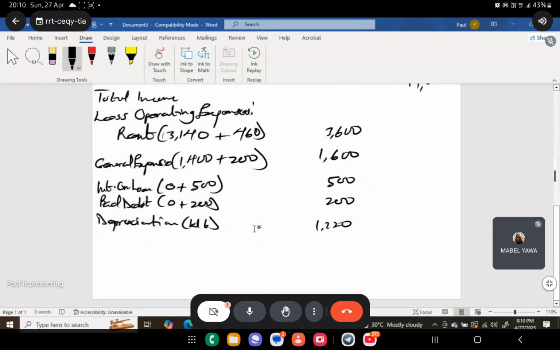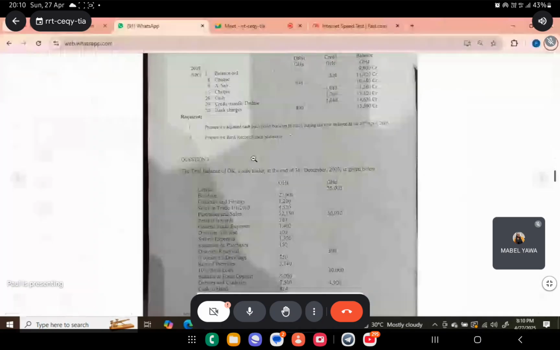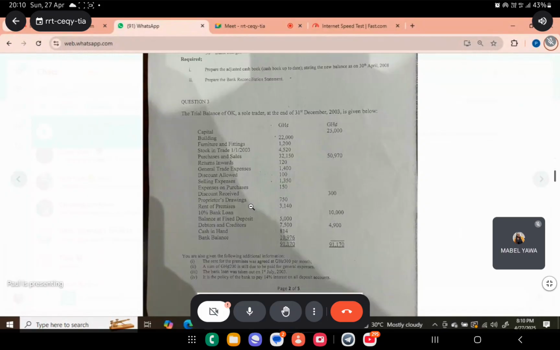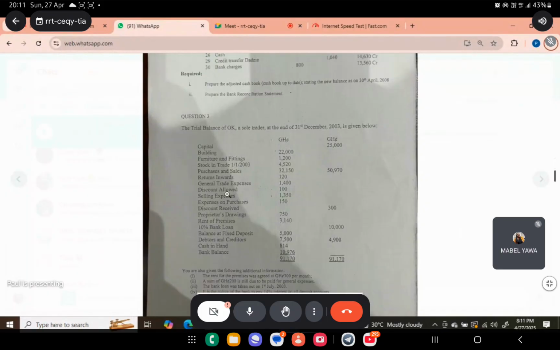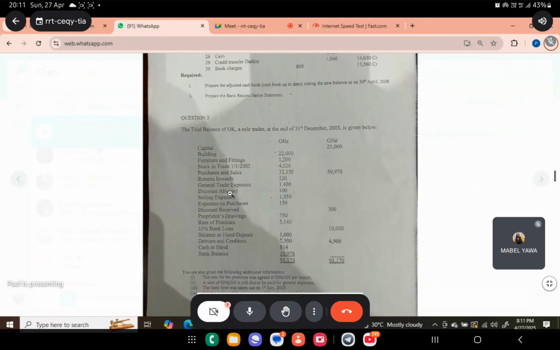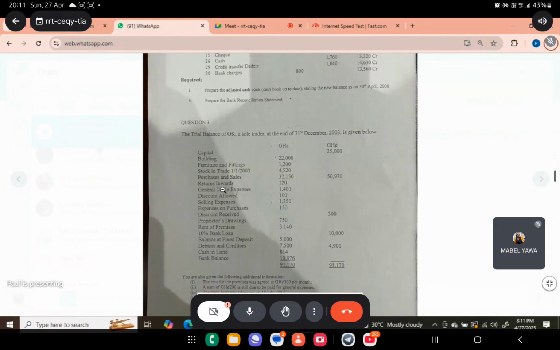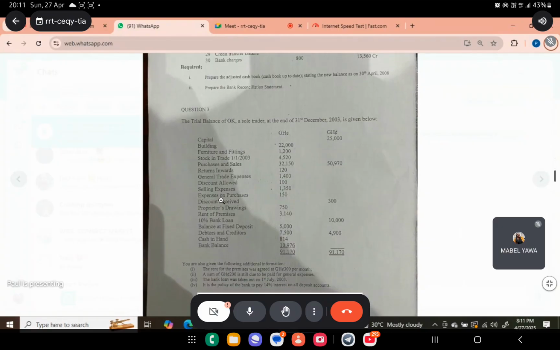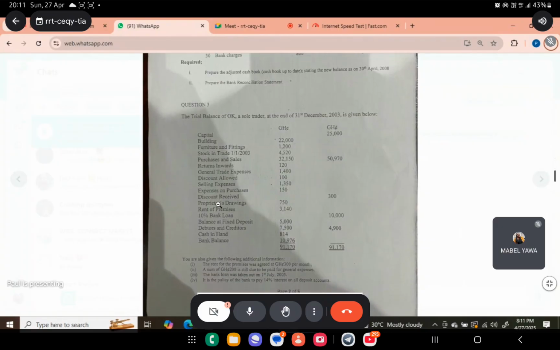So we look for other expenses, other expenses that we didn't do adjustments on. So I'm seeing selling expenses and discount allowed. And I think they are the only expenses I'm seeing here.